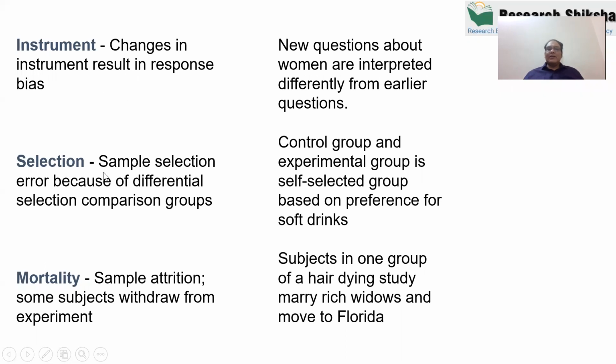Selection: sometimes the experimental group and control group are not the same. If there is an initial difference between the experimental group and the control group, it will have an impact on the performance or outcome. Mortality means some died, quit, or were removed from the experiment. Then it is also a problem.